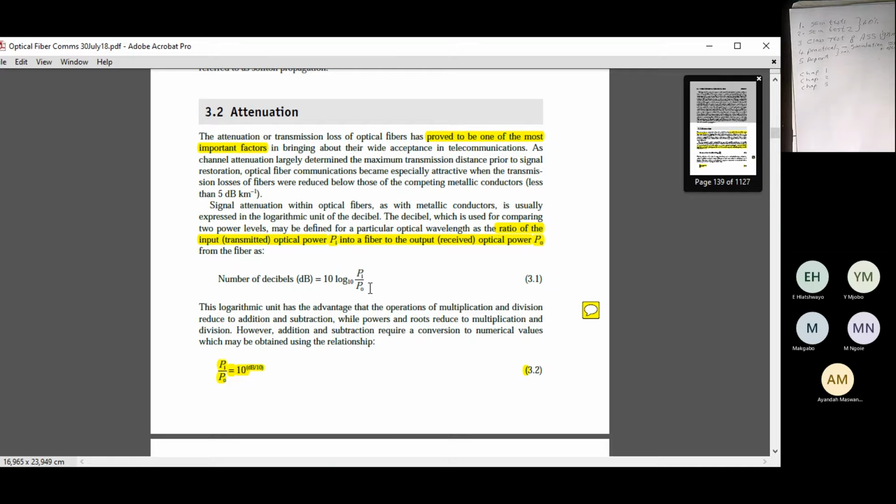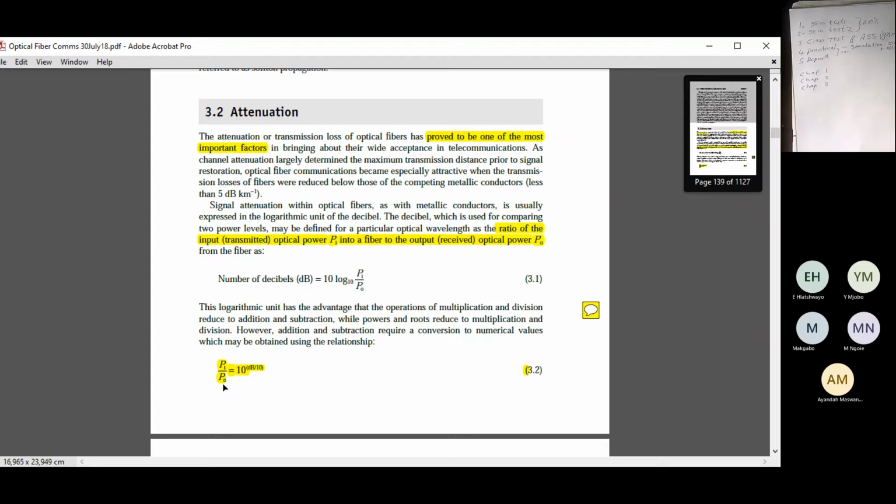Alright. However, when I have the ratio, say the ratio of P in over P out is 1:10, 1 watt in, 10 watts out. Optical power is always in watts.